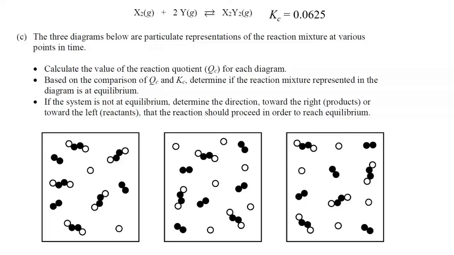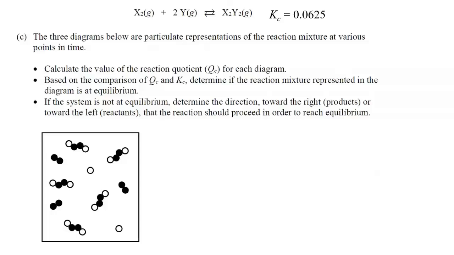Then, based on the value of the reaction quotient, Qc, compare the value of Qc with Kc and determine if the reaction mixture represented in the diagram is at equilibrium. And if the system is not at equilibrium, determine the direction, either toward the right, the products, or toward the left, the reactants. In which direction should the reaction proceed in order to reach equilibrium?